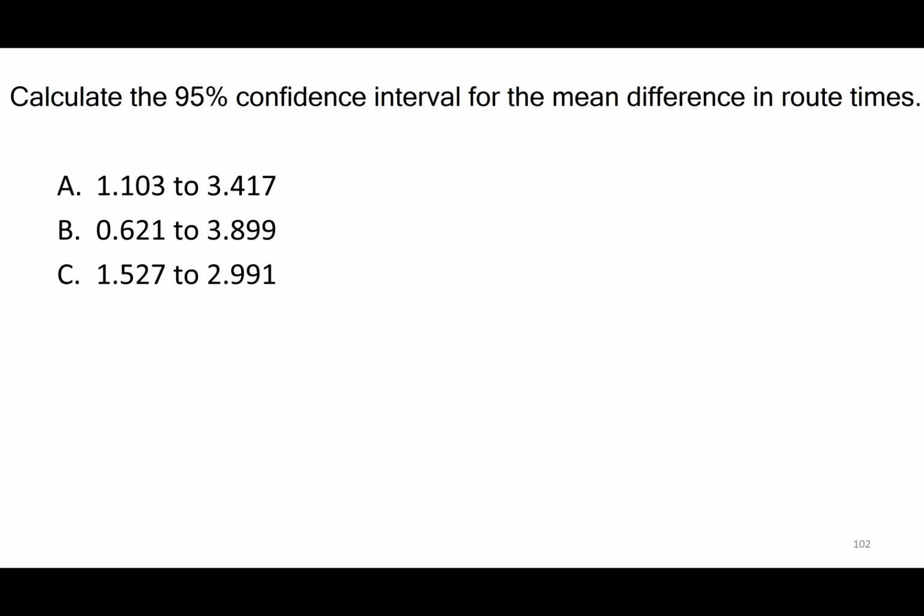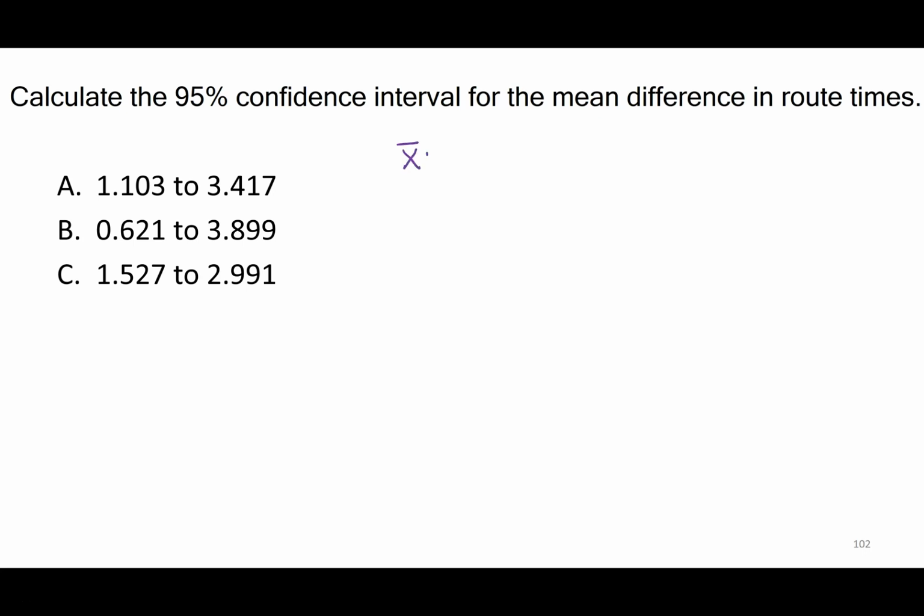Okay, now for calculating the 95% confidence interval for the mean difference in route times. So we're still dealing with that bike example. I recommend pressing the pause button, giving this a try before I work through. So before I get started, I like to write out what I know.